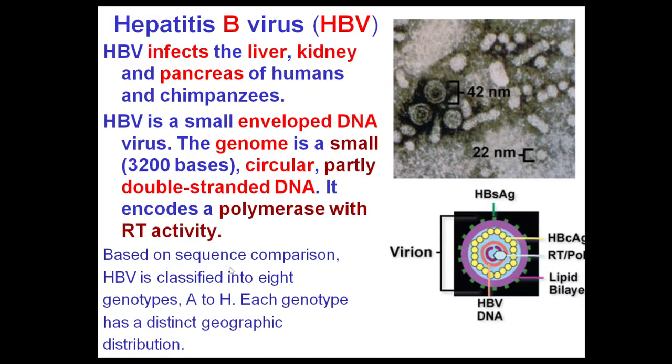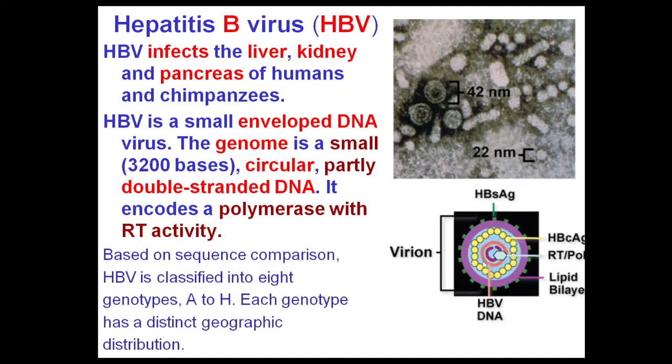Based on sequence comparison, hepatitis B viruses are classified into 8 genotypes from A to H, and each genotype has a distinct geographical distribution. If you take a look at this particle, you can see that it is made up of a core, made up of hepatitis B core antigen. This is yellow here, right?